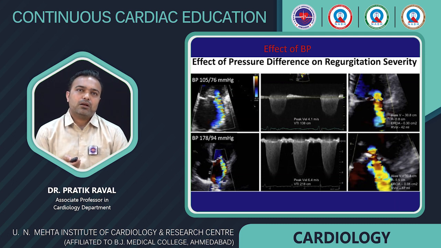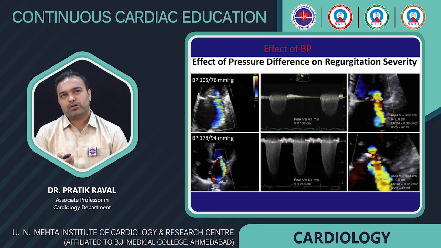If we look at the color flow jet, we can see the jet area is almost similar in both patients. However, when we apply the quantitative parameters, we can see that the patient with blood pressure of 105 has regurgitant volume of 42 ml and ERO area of 0.3 centimeter square, and the patient with blood pressure of 178 has regurgitant volume of only 17 ml and ERO area of 0.08 centimeter square.